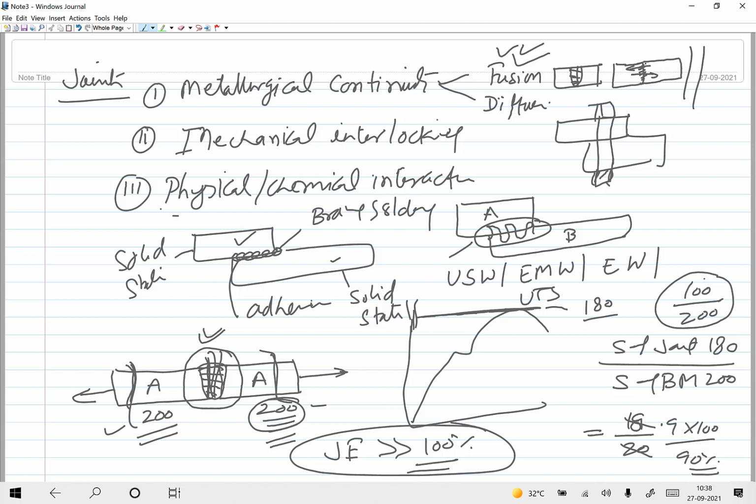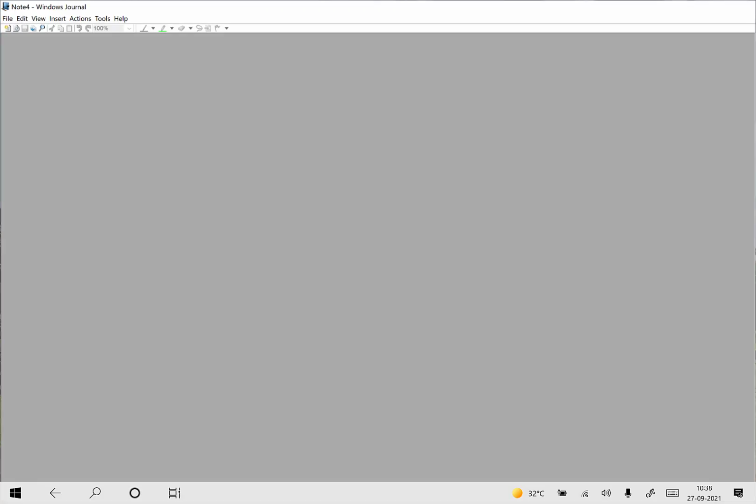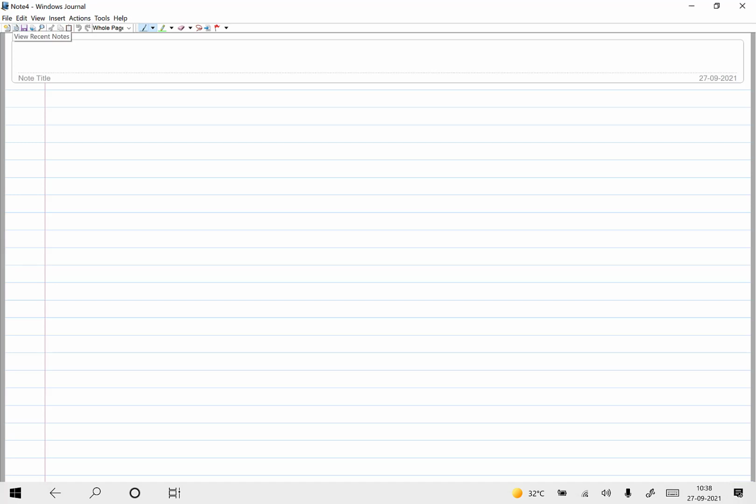Now the interesting thing here is, say, if there is a weld like this, the location of the failure will indicate what is the weak point in this joint.